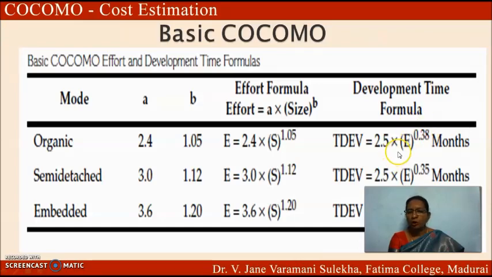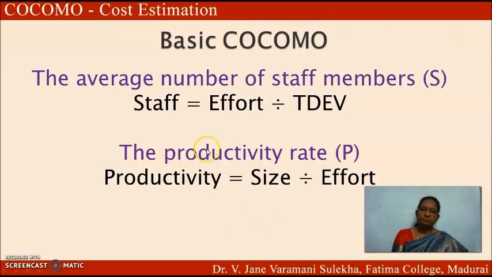So for organic, we have to give 0.38, for semi-detached 0.35 and embedded 0.32. Then for calculating the average number of staff members, the formula is effort divided by TDEV, and the productivity is equal to size divided by effort.